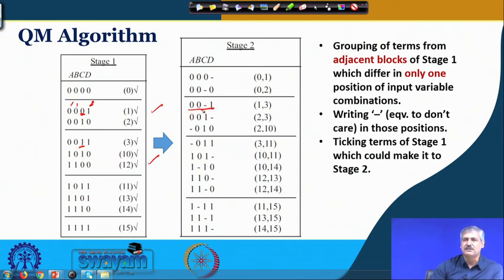Again the physical significance is the same: for A, B and D being 0 0 1 respectively, with C either 0 or 1, there are 2 minterms available in the truth table. Similarly, 2 and 3 can be combined, and 2 and 10 can be combined.